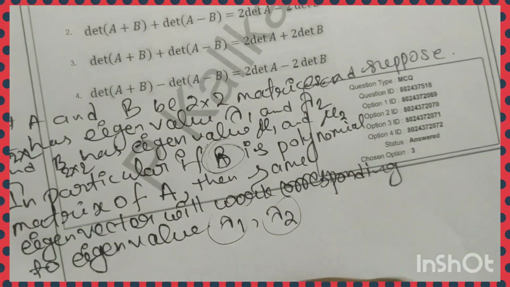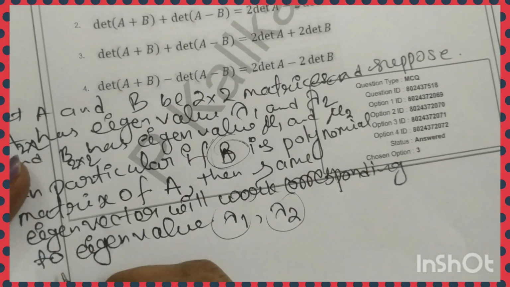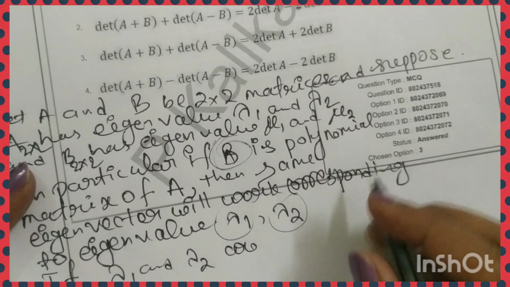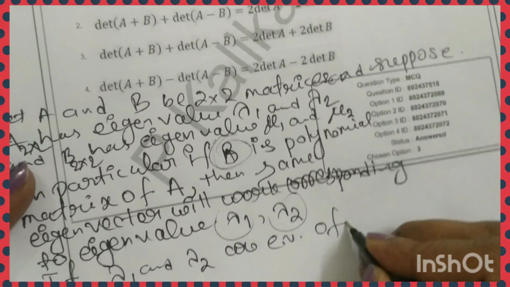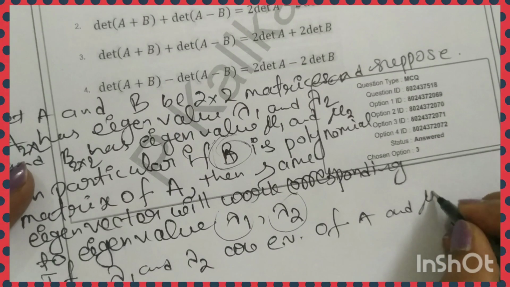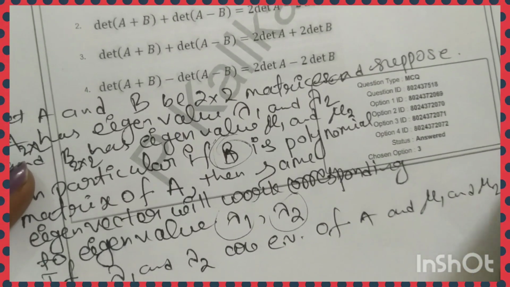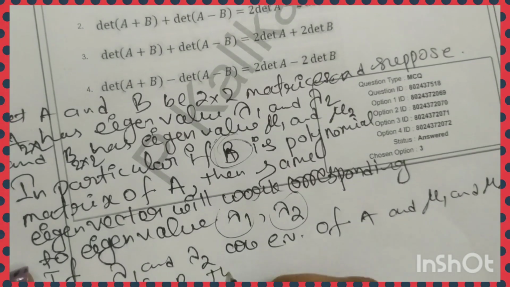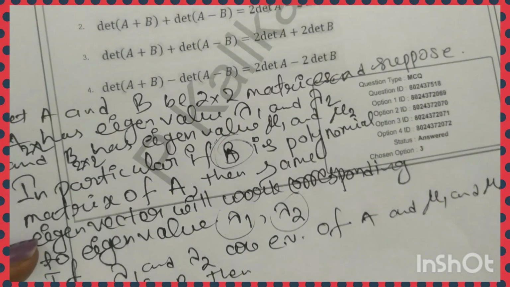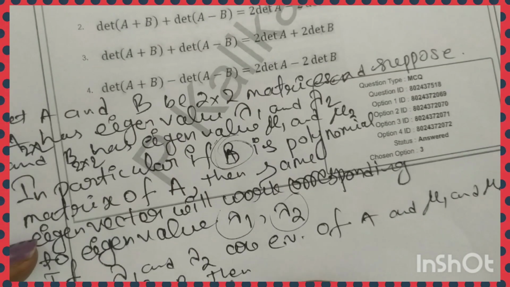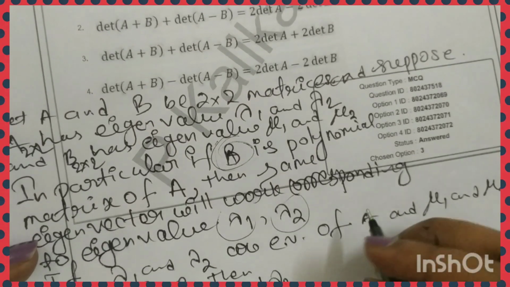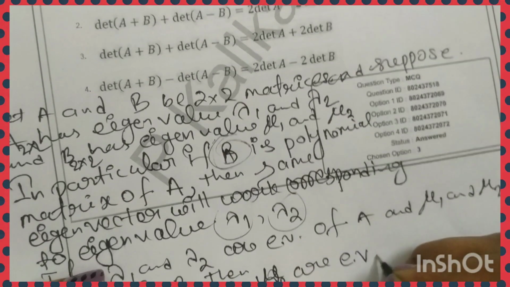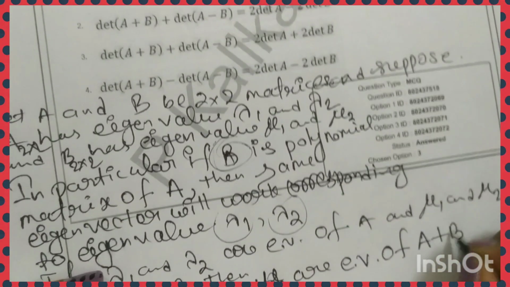So in that case, if lambda 1 and lambda 2 are eigenvalues of A and μ1 and μ2 are eigenvalues of B, then lambda 1 plus μ1 and lambda 2 plus μ2 are eigenvalues of A plus B. Okay, fine.